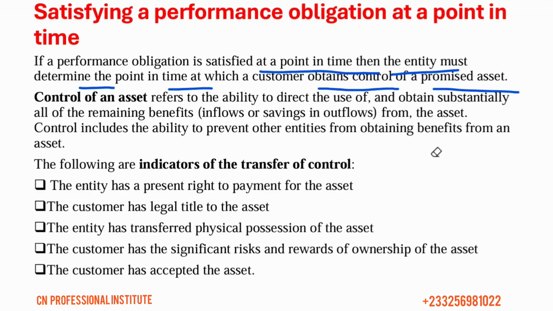So it says if the PO happens at a point in time, then we have to determine at that point in time that the customer obtains control of a promised product, of a promised asset. This is what we mean when we say performance obligation is satisfied at a point in time.